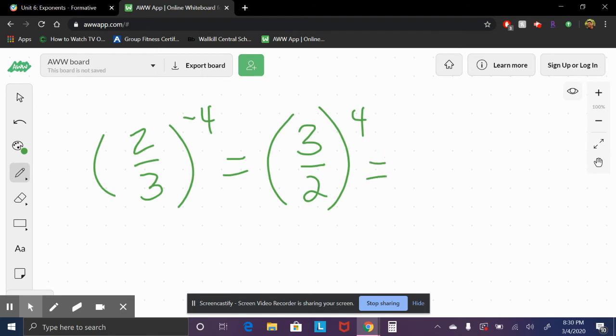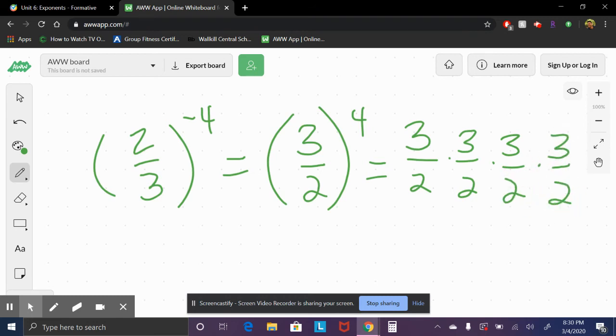We have 3 over 2 to the 4th, which is 3 over 2 times 3 over 2 times 3 over 2 times 3 over 2. And then 3 times 3 times 3 times 3 is 81.